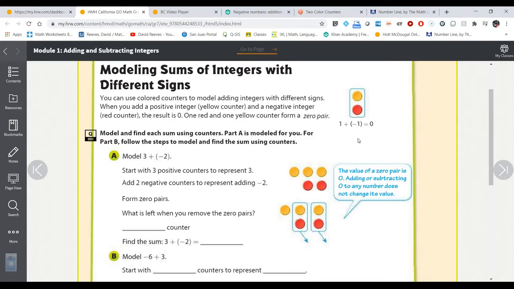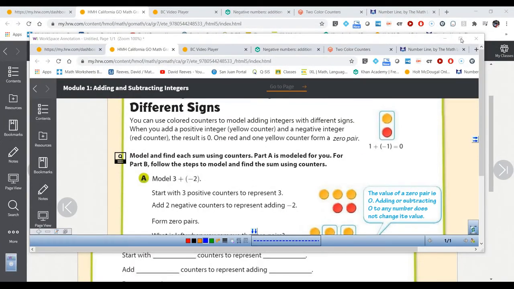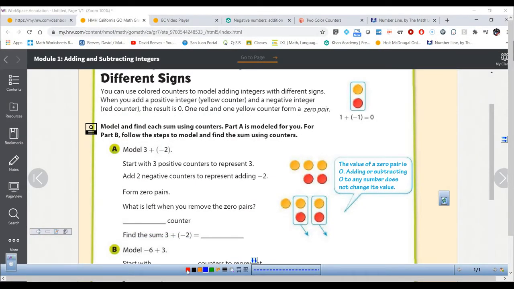You're right back where you started. It's like stepping forward one step and then stepping back one step. So whenever you see a pair, one positive and one negative, they are going to cancel each other out. One thing you'll often see us doing is putting a line through them.